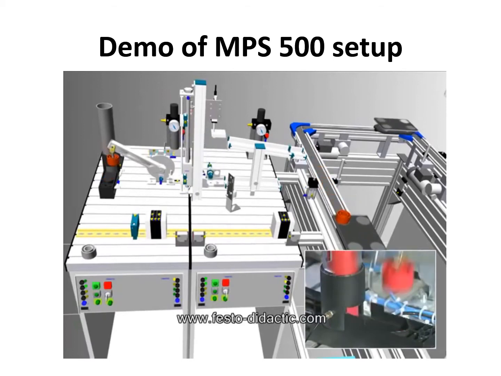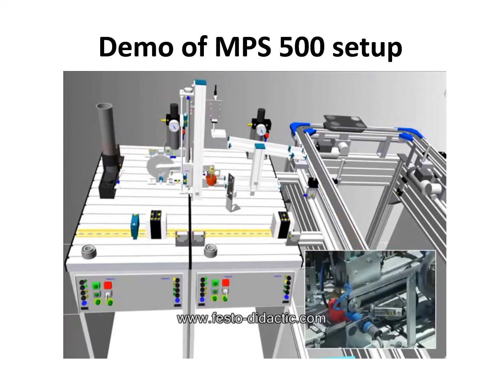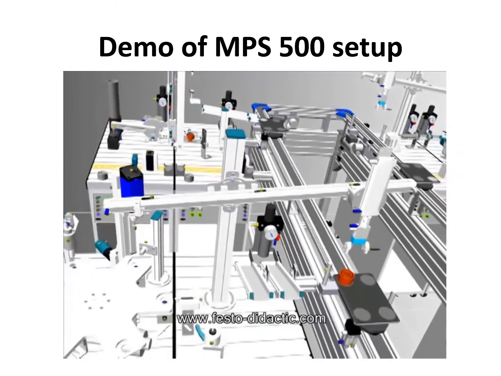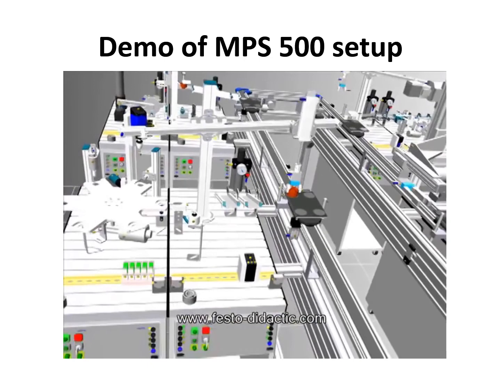Okay, let's continue. Now you see the elevator came down. Now it's ready to pick the part. Part is placed on the elevator here, and then you see that it goes up. Okay, so it goes up, and we have a couple of sensors, inductive sensors in the testing station. That's why we call it testing station.